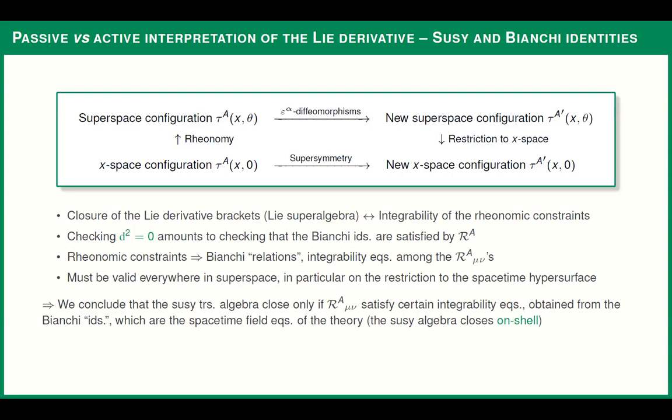We can lift to superspace only those configurations which are well defined, whose rheonomic constraints also give the field equations. And so this construction is valid only on shell.